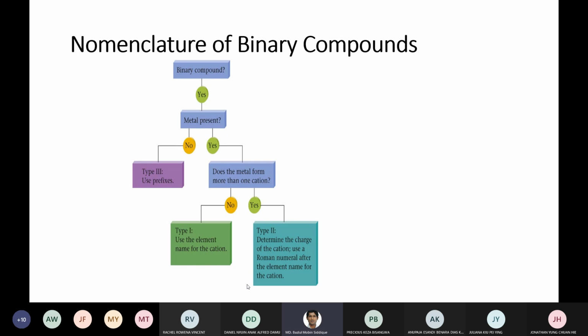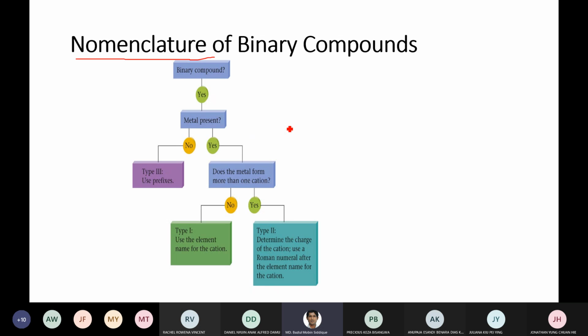There is nomenclature for these inorganic compounds. We will be studying inorganic compounds for the first 6-7 weeks, and the nomenclature for inorganic compounds is different from that of organic compounds. Organic nomenclature we'll see later on.